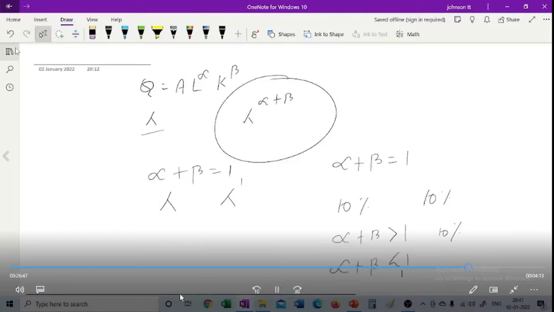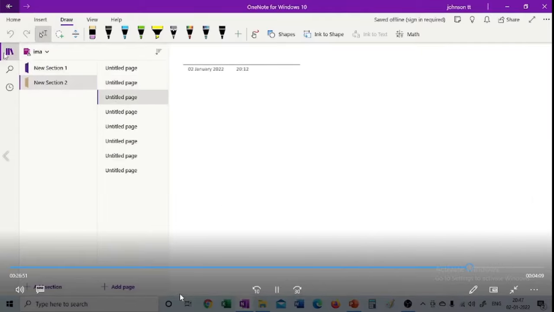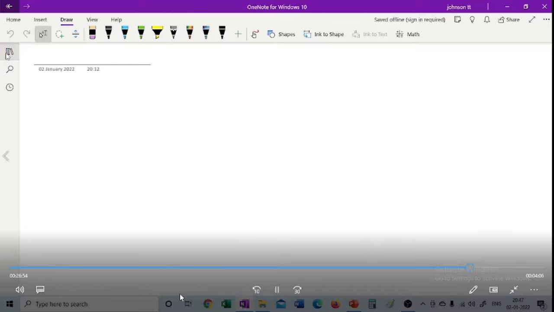So the Cobb-Douglas production function is given as Q equals A into L raised to alpha K raised to beta. Then we have to derive the marginal product of labor and marginal product of capital.